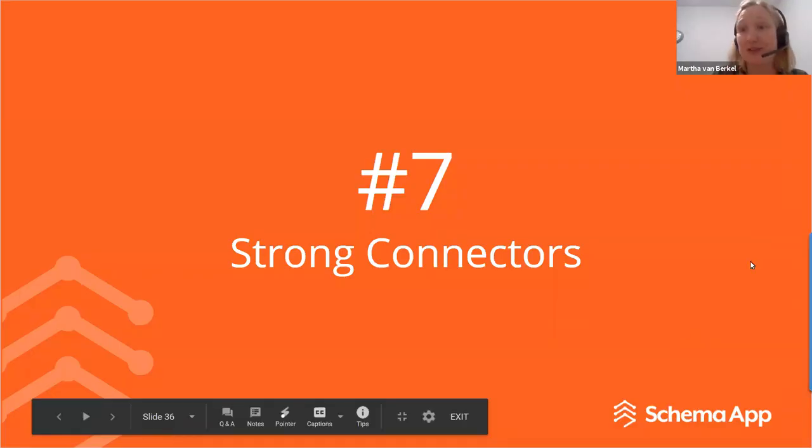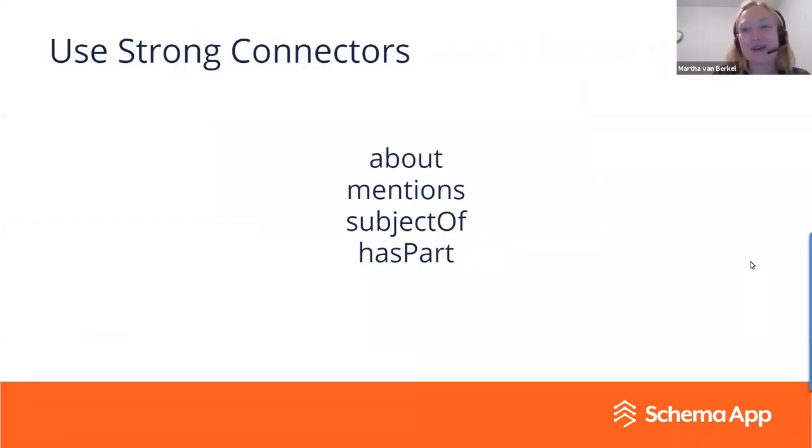All right, number 7, strong connectors. I've used these in some of the examples that I showed you at the beginning with Wikidata, but there are specific properties within schema.org that allow you to really illustrate how things are connected or related. About is a very strong one. I was telling you about that article that's about Joe Thornton, or perhaps it's an article about schema markup. You can be very, very explicit with that, again using Wikipedia, Wikidata, the knowledge graph, or perhaps a product or service page on your website.